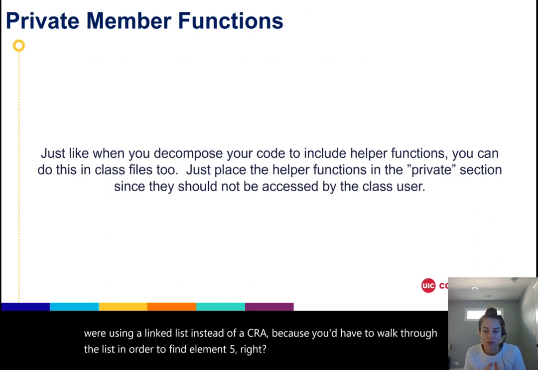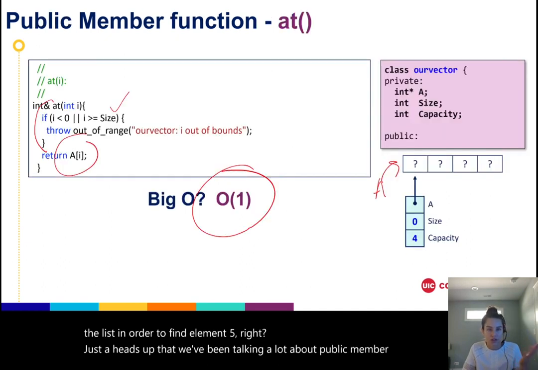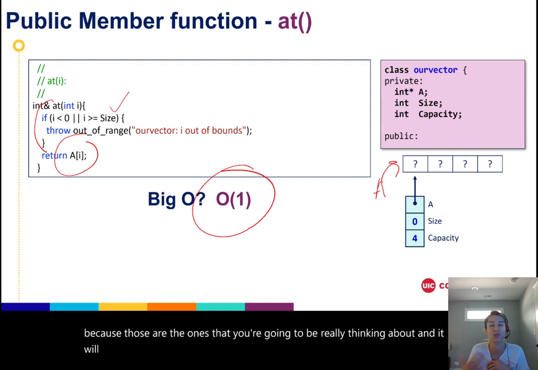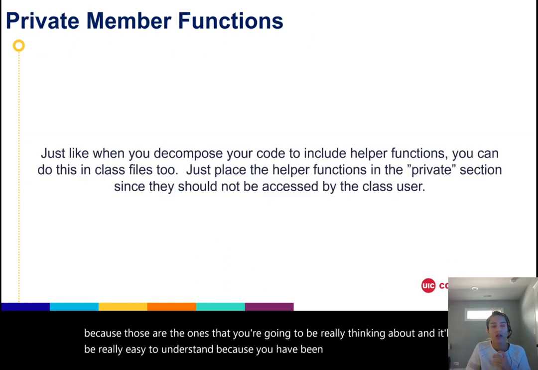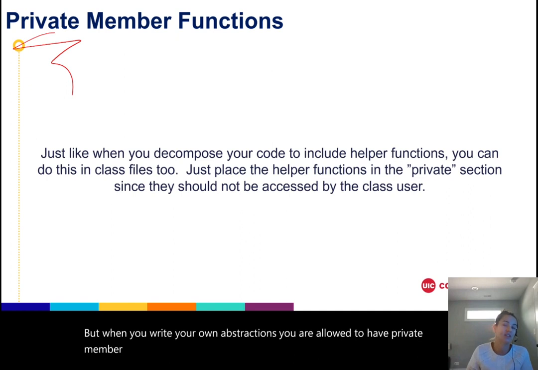Just a heads up that we've been talking a lot about public member functions because those are the ones you're going to be really thinking about, and it'll be easy to understand because you have been using these functions. But when you write your own abstractions, you are allowed to have private member functions. You just put them in the private section.